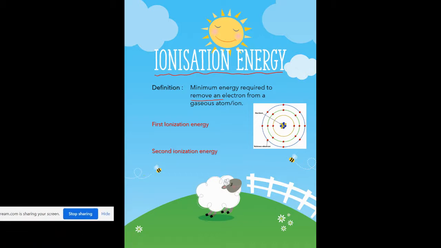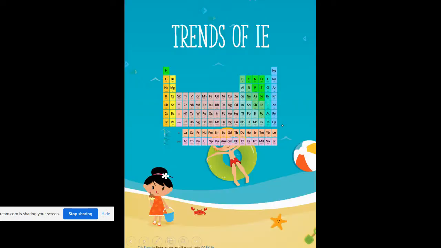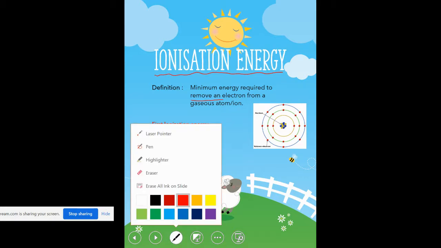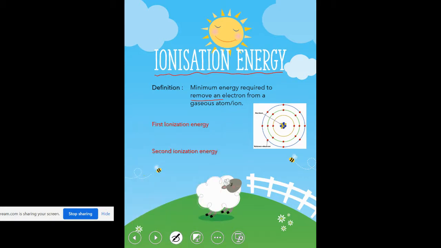If you refer to this model, at the center we have the nucleus, and surrounding the nucleus there are electrons. Between the nucleus and the electrons, of course, there are attractions. These electrons are attracted to the nucleus, as well as the electrons in the valence shell.